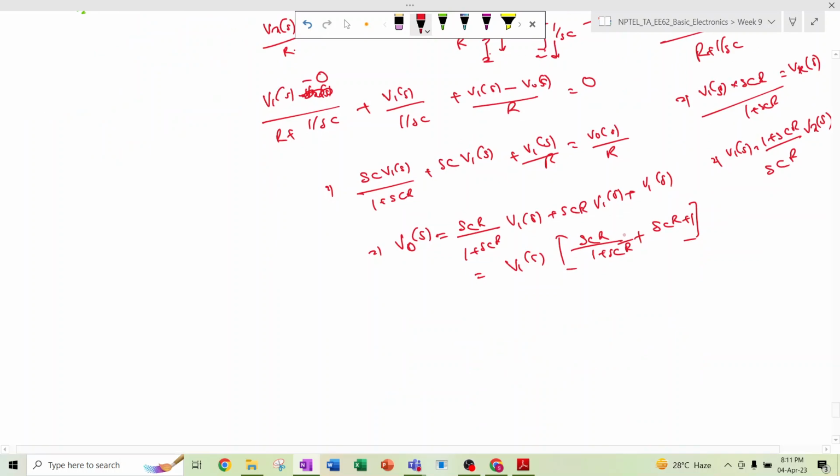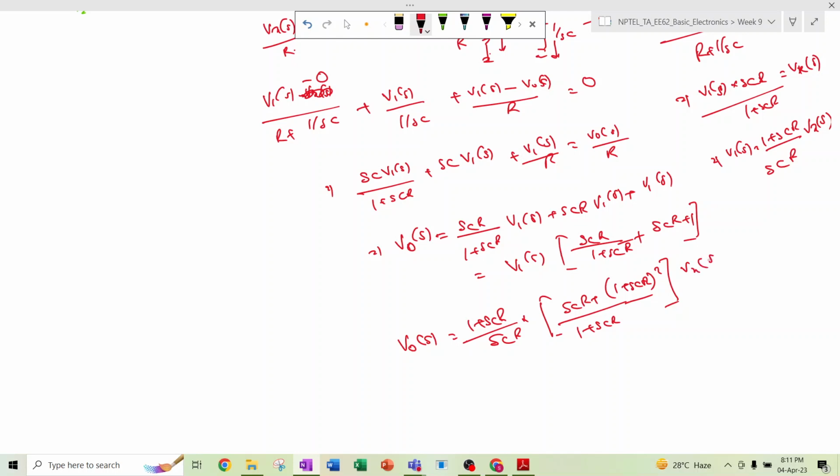Okay, now in place of VIS we put this VSX, so VOS is equal to (1 plus SCR) divided by SCR into (1 plus SCR) over (SCR plus 1 plus SCR) total whole square, into VSX.